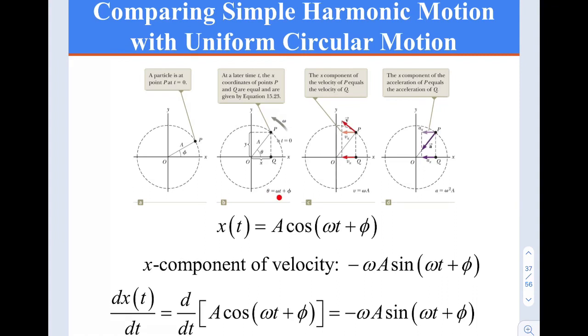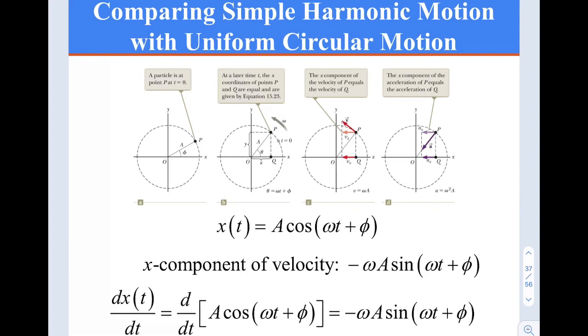So theta is equivalent to omega t plus phi, the initial, because initially it has the phi. And this is in terms of theta. How to have the x here? To have the x, we're going to use A cos theta, isn't it?